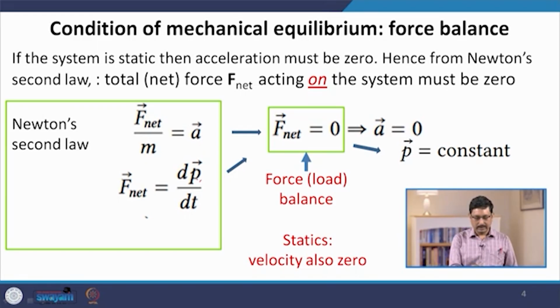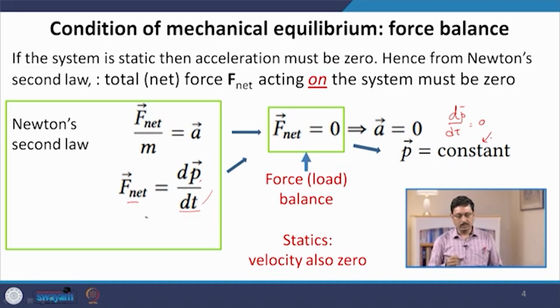Again, if the total force is 0, then it follows that the rate of change of momentum is equal to 0, and hence the total momentum of the system must be constant.